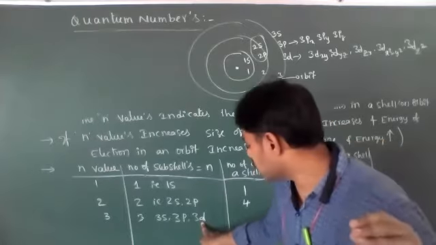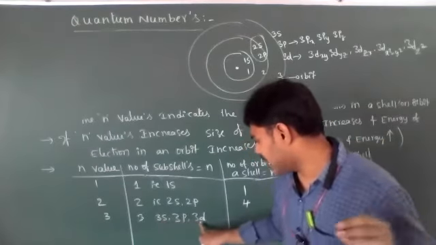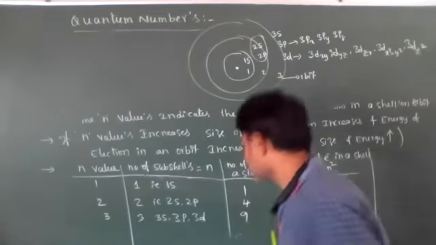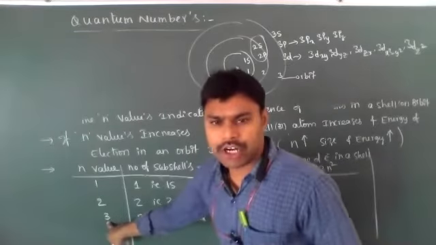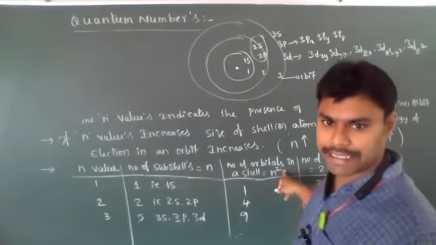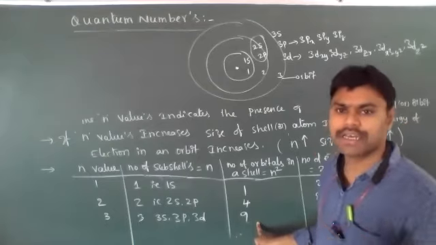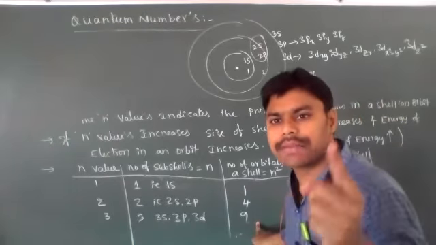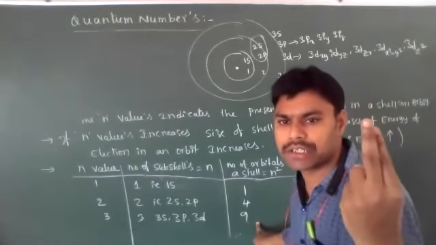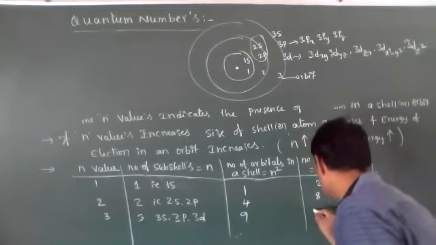Total 1 plus 3 plus 5 is equal to 9. Otherwise, for n equal to 3, the formula n square gives 9. So 9 orbitals are present, and each orbital has a maximum of 2 electrons only. 9 twos are 18.